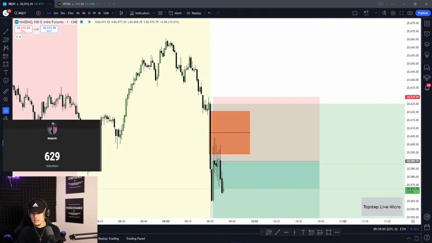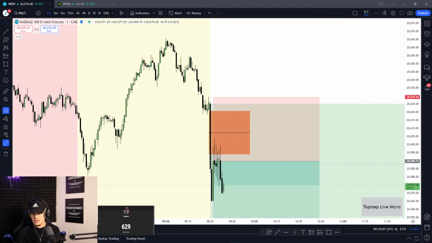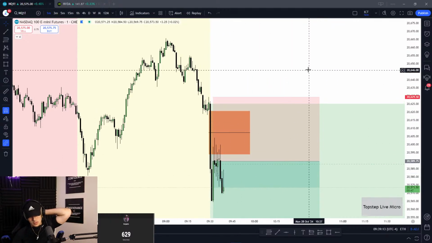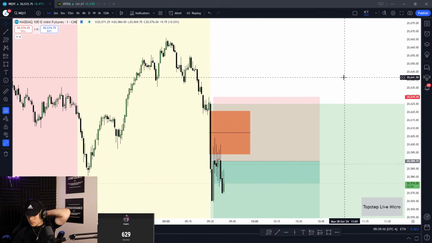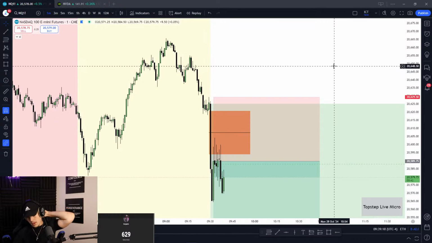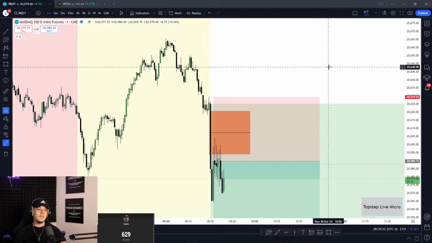I want to add this because we're at 600. I'll add it down here. So right now I'm just patient. Price is anticipated to be a little bit choppy right now, but I do want to see a displacement to the downside.